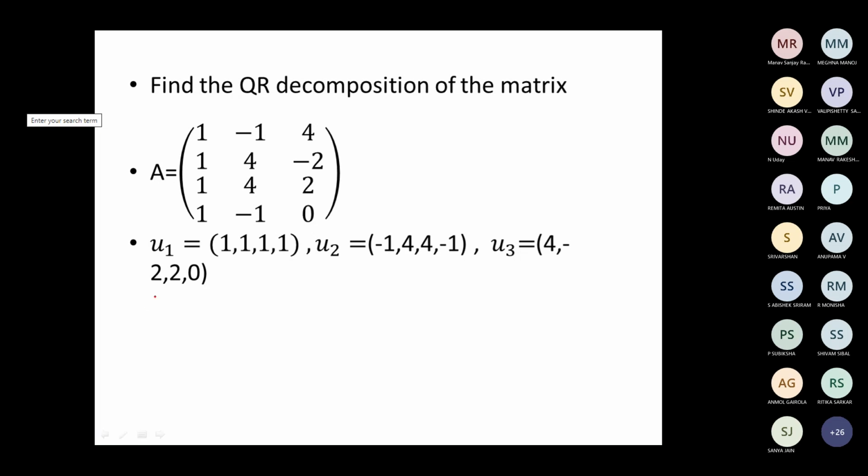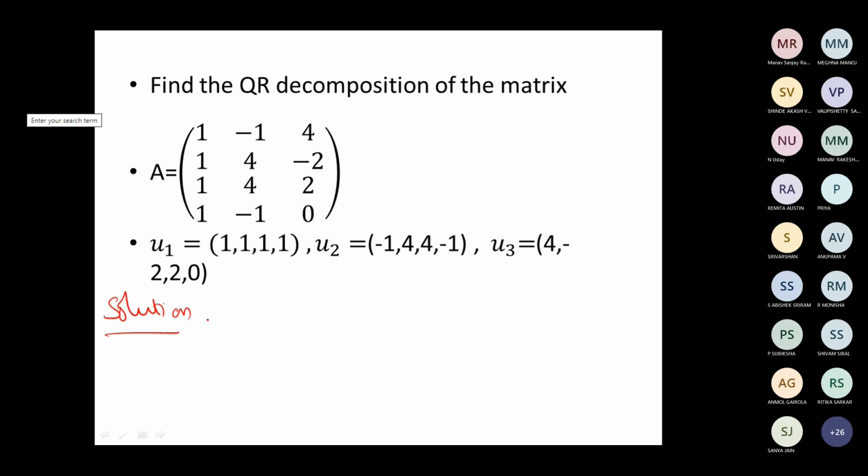Because we are starting with the column space. For the column space, these three vectors should form a basis first of all. Basis means it should be linearly independent. So for that, we have to check first.